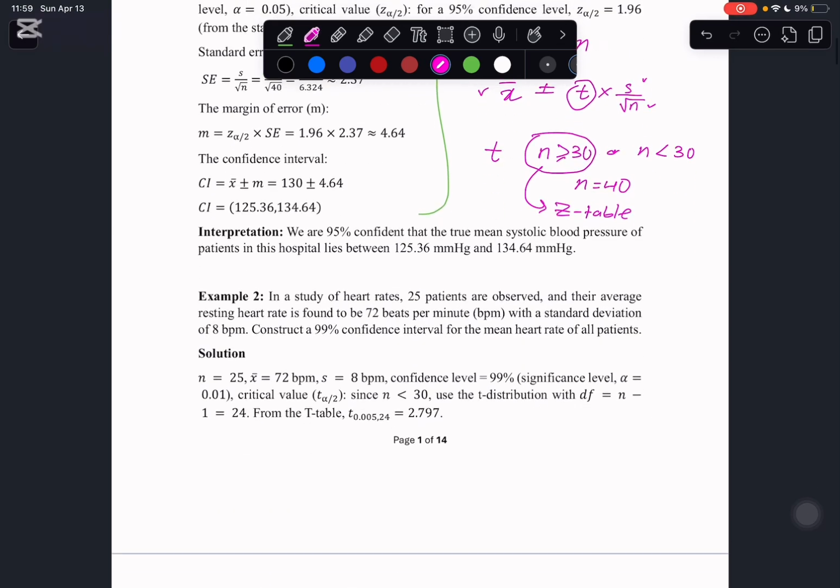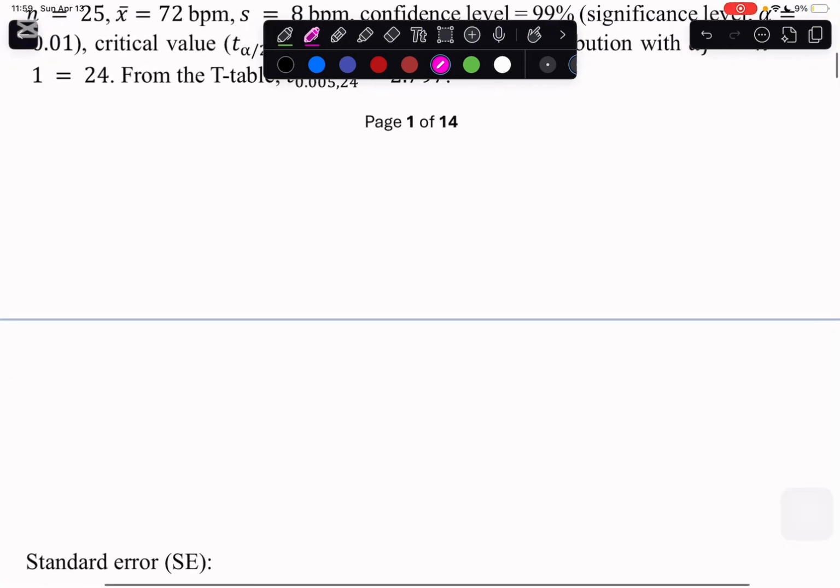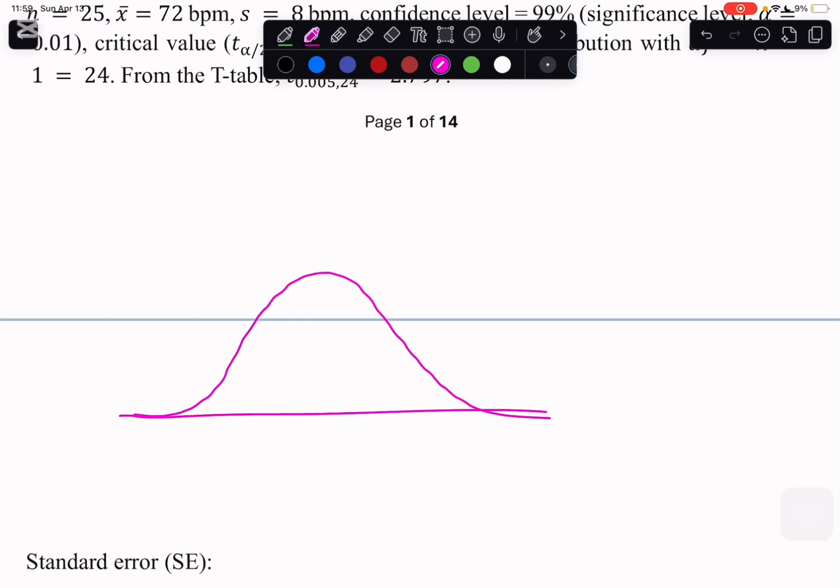What I'm going to do right now, okay, is they told us we need 95%. I'm going to draw the graph. And I know 95% covers this much. And what remains from 95 is 5%. This 5% is split right and left. So 2.5% and 2.5%.